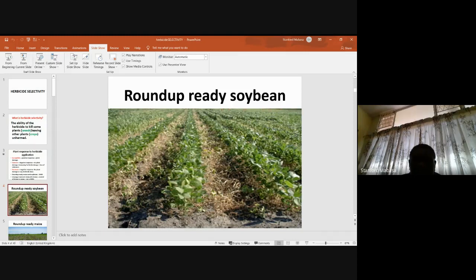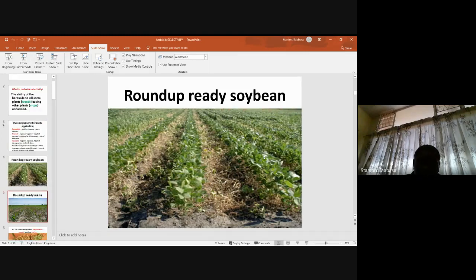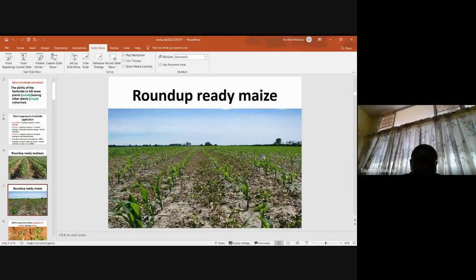This is genetically modified soybean. You can easily kill other weeds leaving soybean. Another GMO maize, where you can just kill other weeds leaving maize.